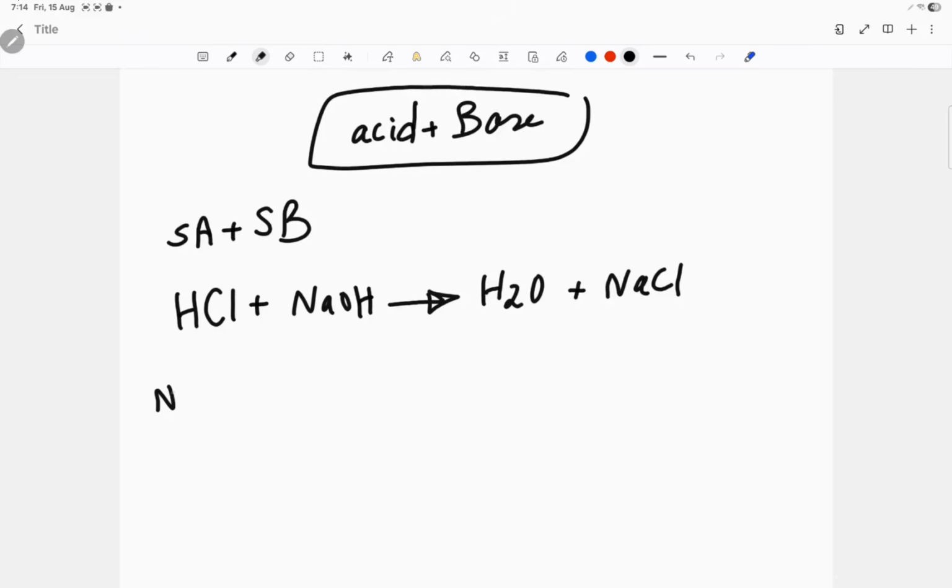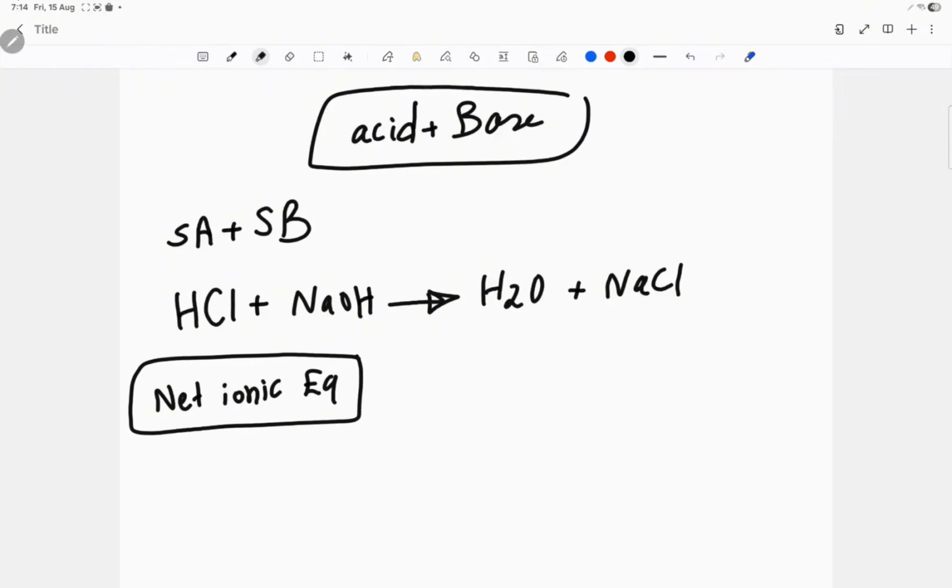Now, they're going to ask you next for something called the net ionic equation. For a strong acid, you only keep the H+. For a strong base, you only keep the OH-. When they react, what do you get? H2O. Exactly. This will never change.